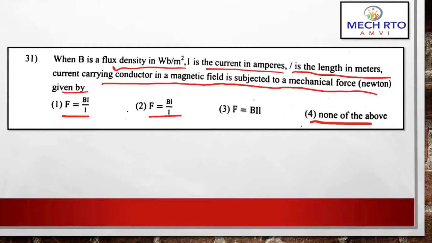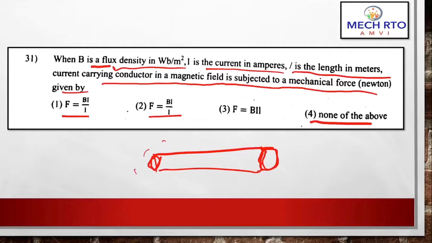So what this question is basically asking is, there is a conductor which is conducting, and because of this conductor a magnetic field is getting generated around it. For that magnetic field it is given that the flux density is in Weber per meter square, that is B, right?